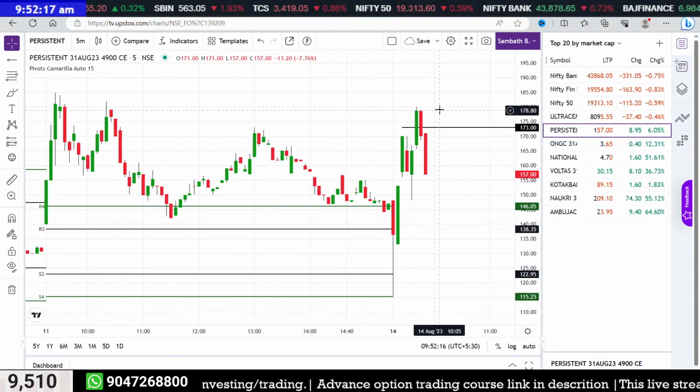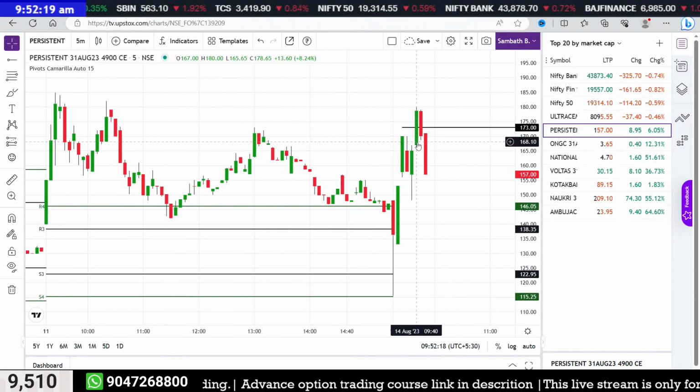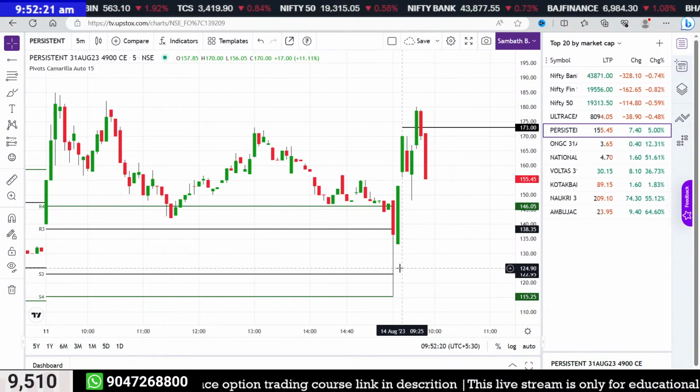Troubling Persistent after moving 178, 180. Now it is moving to 155.